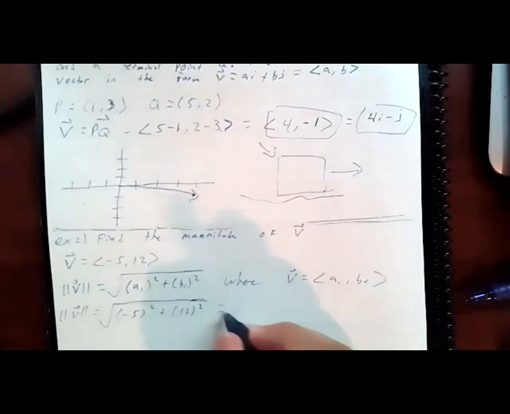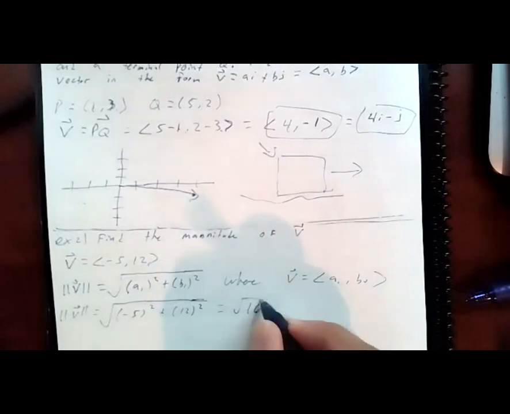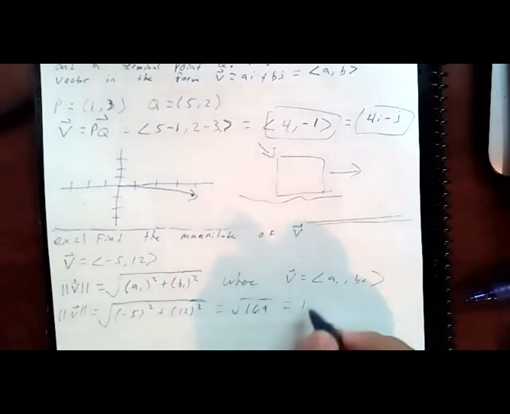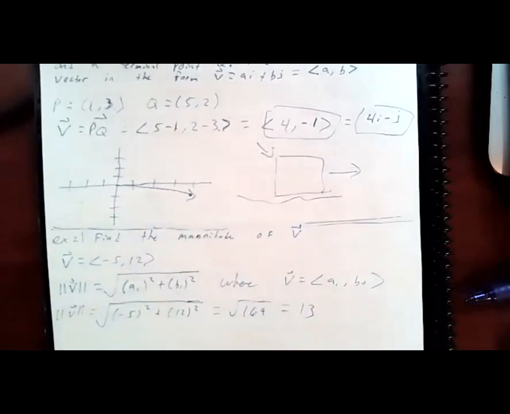What's that going to be? 169? Yeah, 13. So the magnitude of this vector here is 13. That's basically the length of the vector.